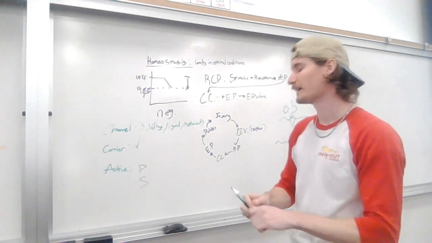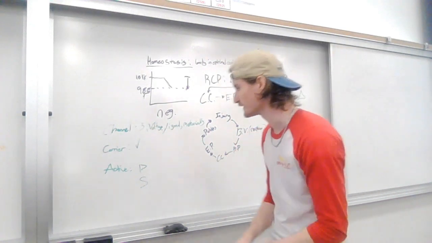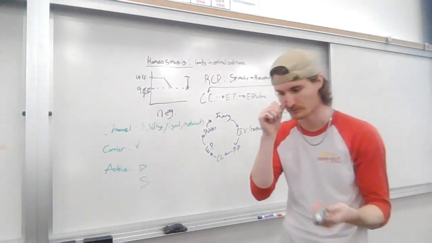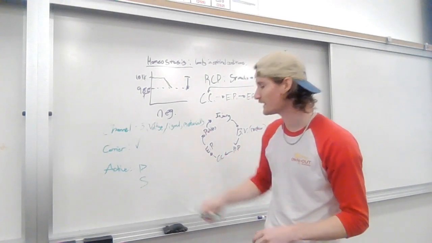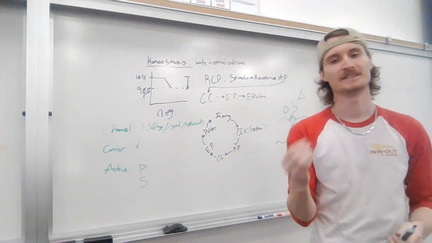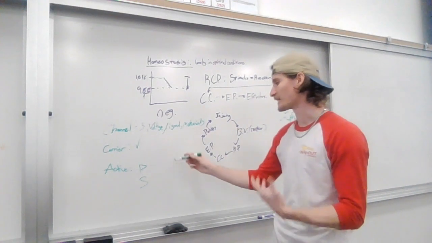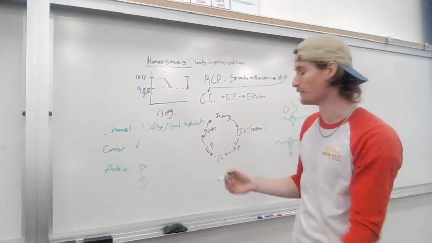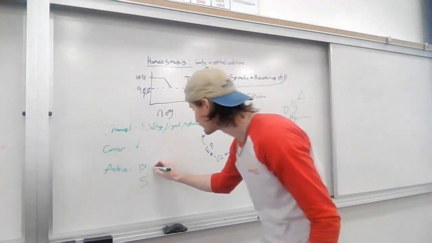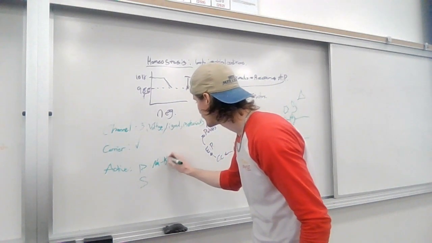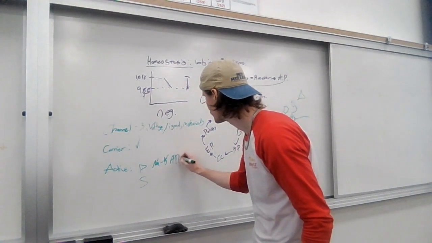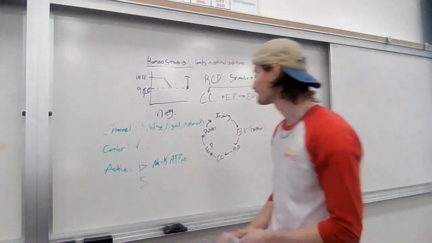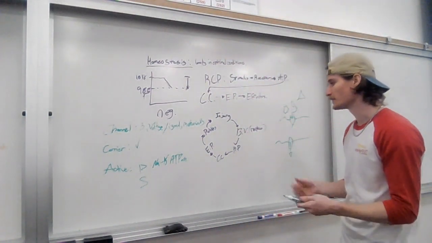And so active, we have 2 different kinds, primary and secondary. The easiest way to tell the difference between the 2 of them is primary active transport needs ATP and energy to actually function, to do its job. A good example of that is going to be the sodium potassium ATPase pump. This thing uses sodium and potassium.